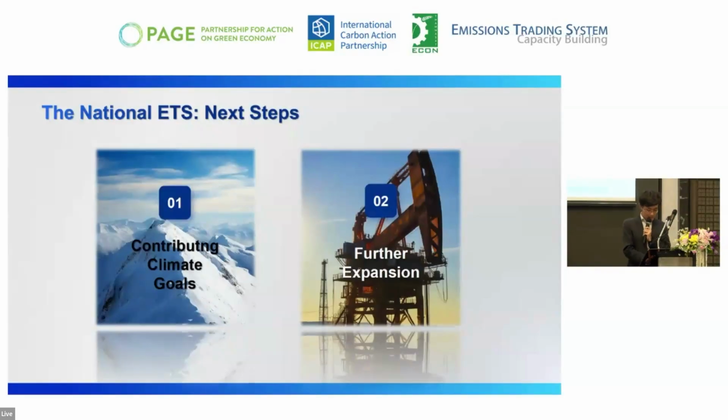So the next step the national ETS for China is considering: I actually touched a little bit yesterday on contributing to the climate goals. China's ETS is currently considering implementing an absolute cap, and also considering auctioning or paid allowance allocation.